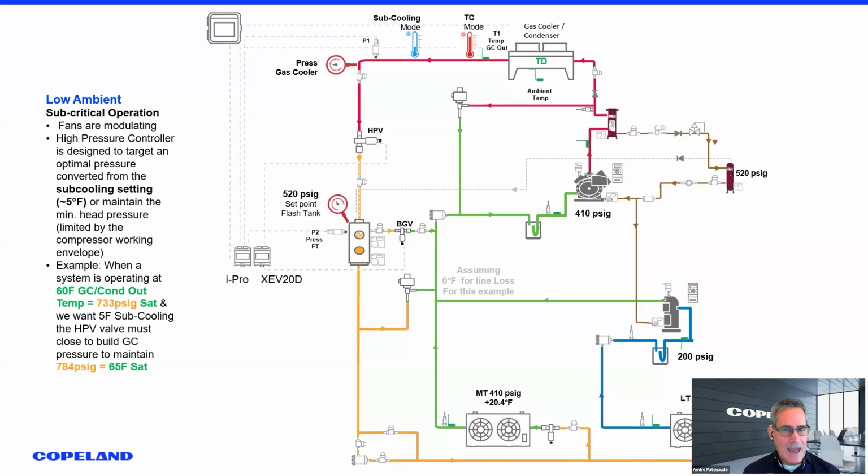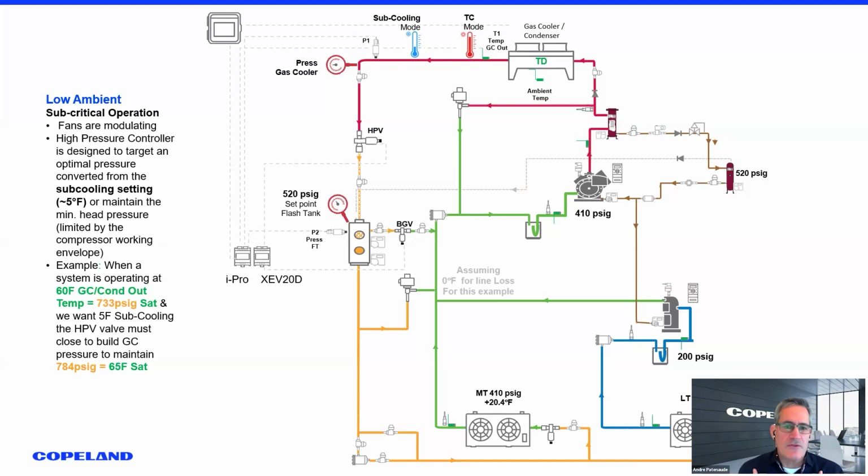But if you're in transcritical mode, it is a little simpler, because once you hit about 80-degree gas cooler out, that's pretty much the set point that says all your fans go full speed. When I'm at an 80-degree gas cooler out, we want all those fans at full speed because when we do transition into transcritical at 87, they're already operating at full speed.